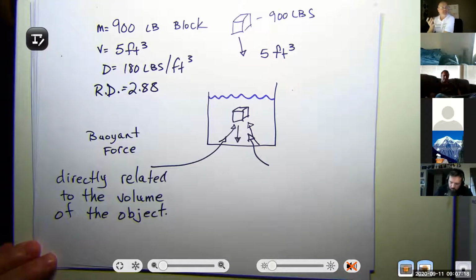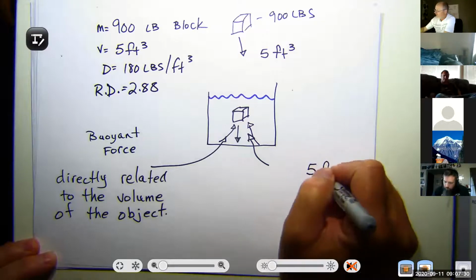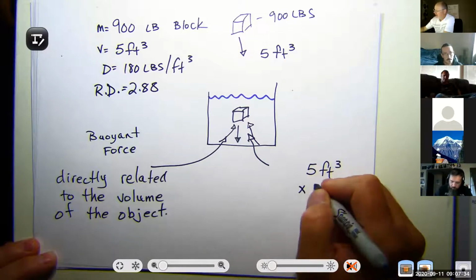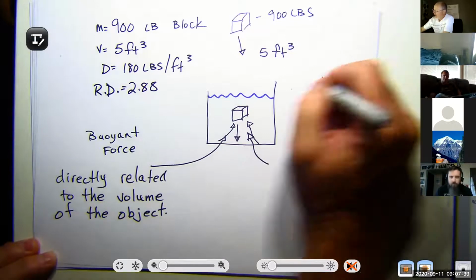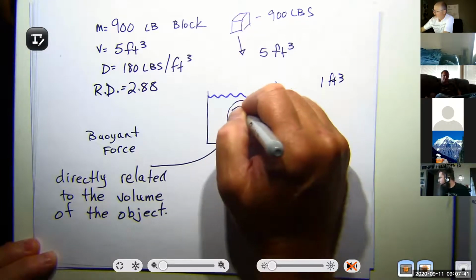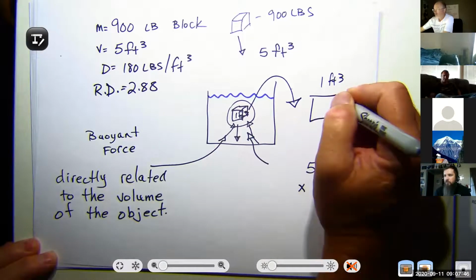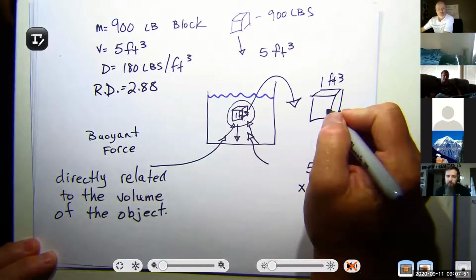Now we could do this a couple of different ways. We could use the volume to calculate the buoyant force, which I will do. So if I had an object that was 1 cubic foot and I put that 1 cubic foot object in there, it will displace 1 cubic foot of water.